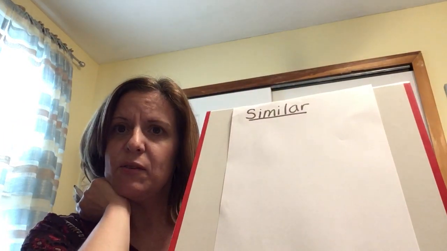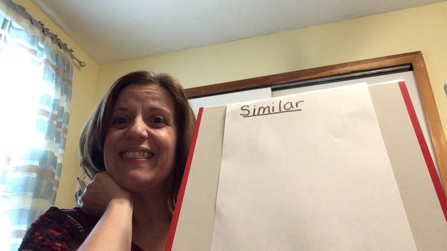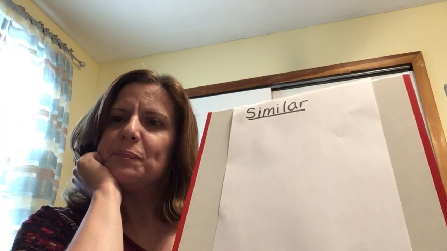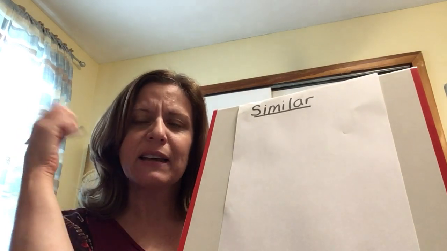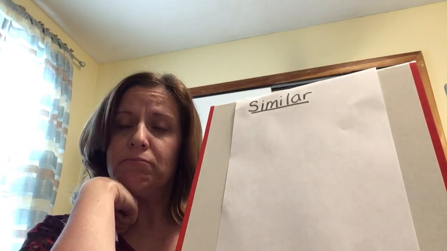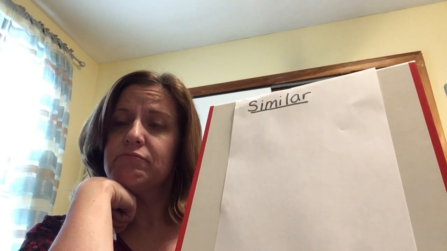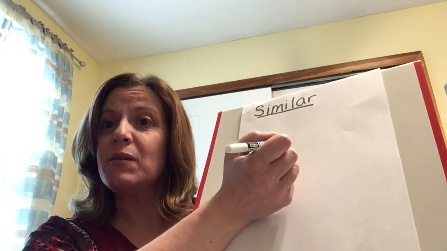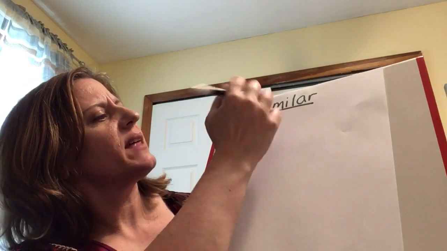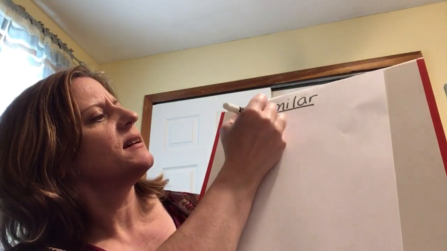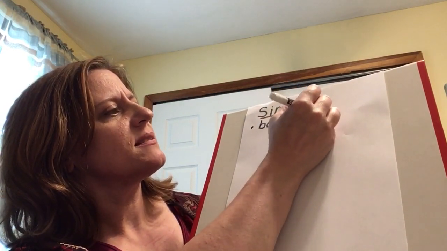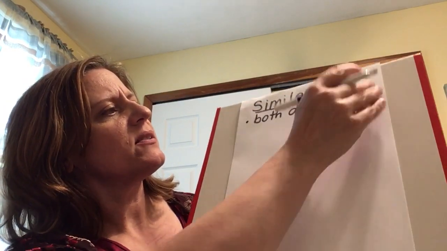So I'm going to give you a moment to think about what were some similarities in our poem and in our story? Okay, so they were both about caterpillars, right? So that's something that was similar. So I'm going to write up here, both about caterpillars.